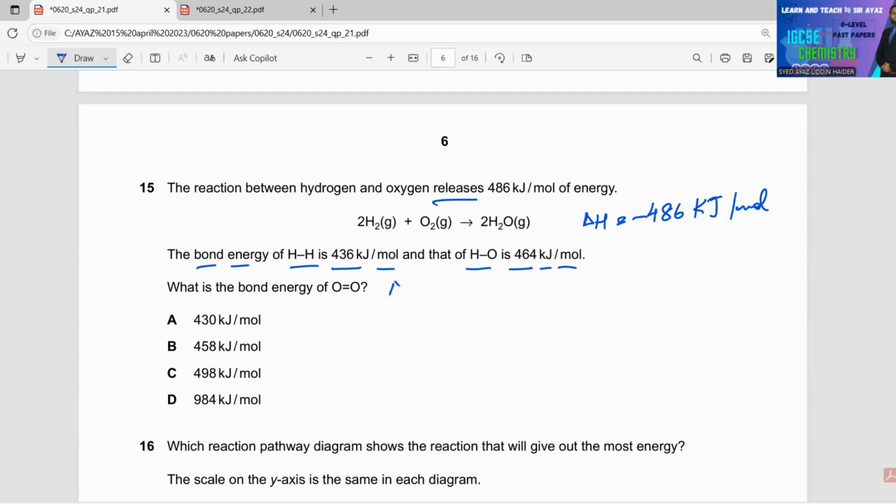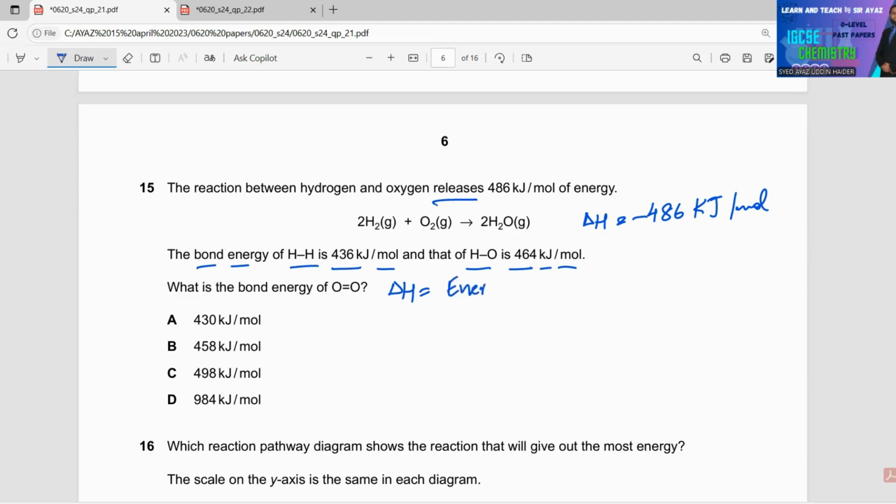In order to calculate the delta H, change in enthalpy, we need to subtract the energy released from the energy used in breaking the bond.